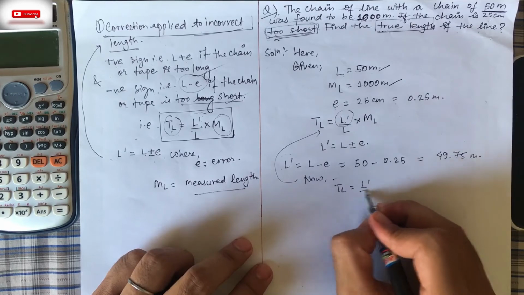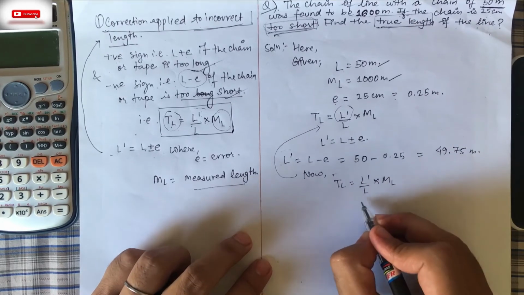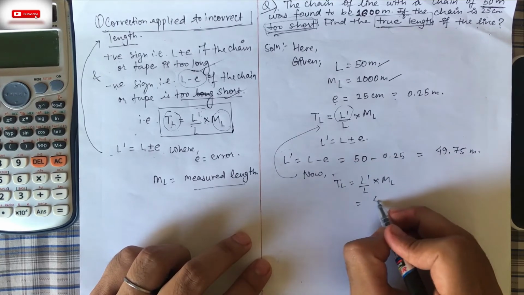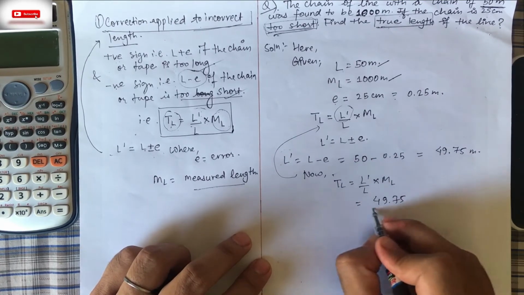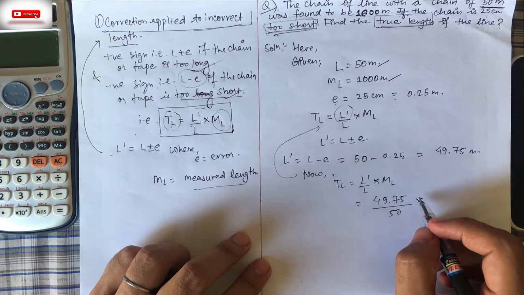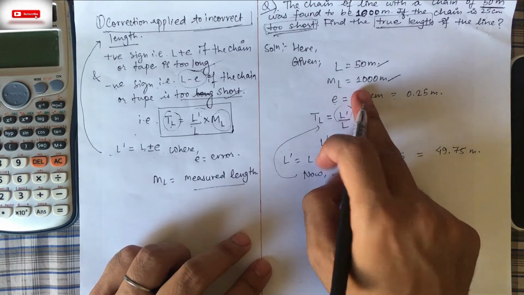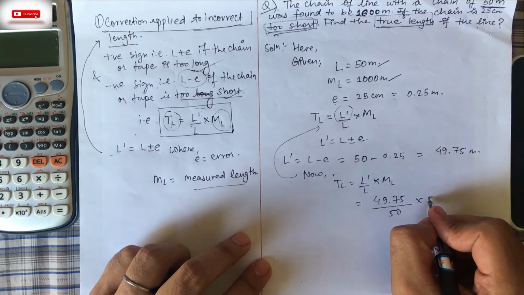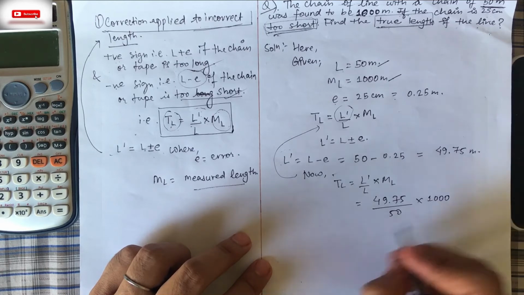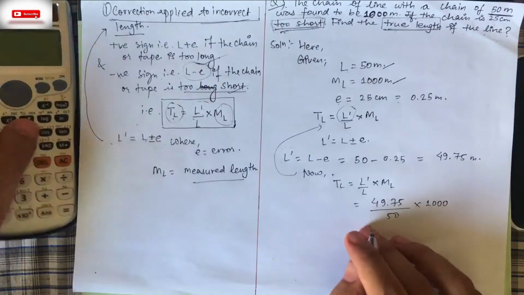Now after knowing L dash, we can simply substitute the value in this formula. TL is equals to L dash upon L into ML. What is our value of L dash? That is 49.75. L is 50, and our measured length, that is ML, is 1000.